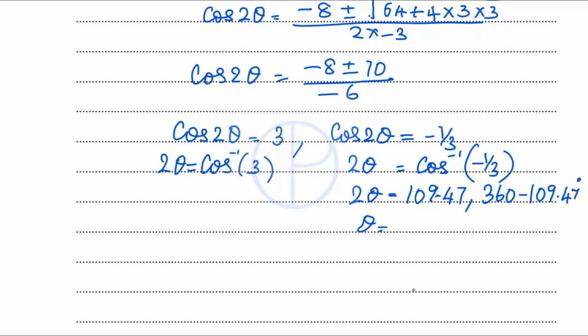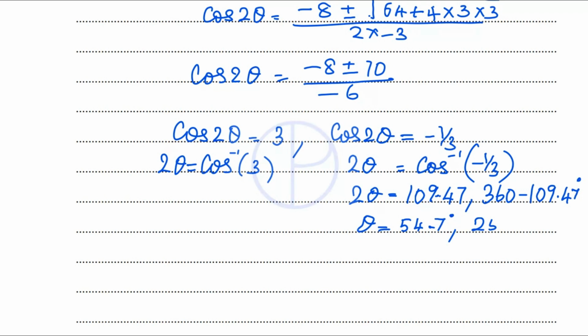So theta is equal to 109.47 divided by 2, which is 54.7 degree, correct to 1 decimal place. 360 minus 109.47 divided by 2. This gives 250.53.